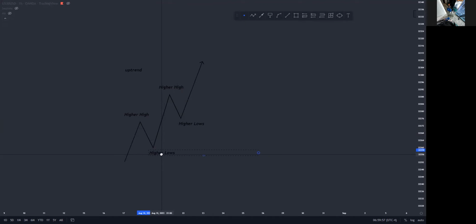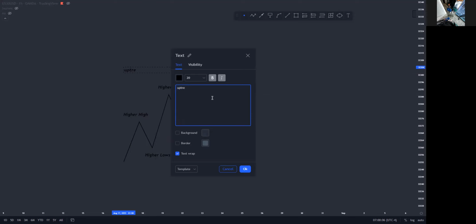Higher lows. Now, some people get confused on this part, but it's nothing confusing. All right, so I'm gonna explain how this works.